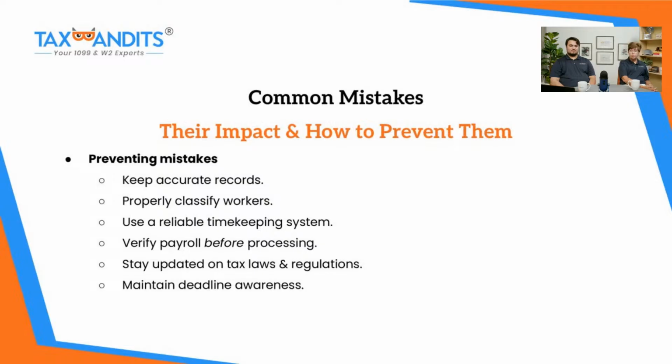I know with the TaxBandits system, there's probably 3 different screens that you go through before you actually transmit the payroll. All 3 screens have the same information. It's just making you check, double check, and triple check that the information that you've entered is correct.